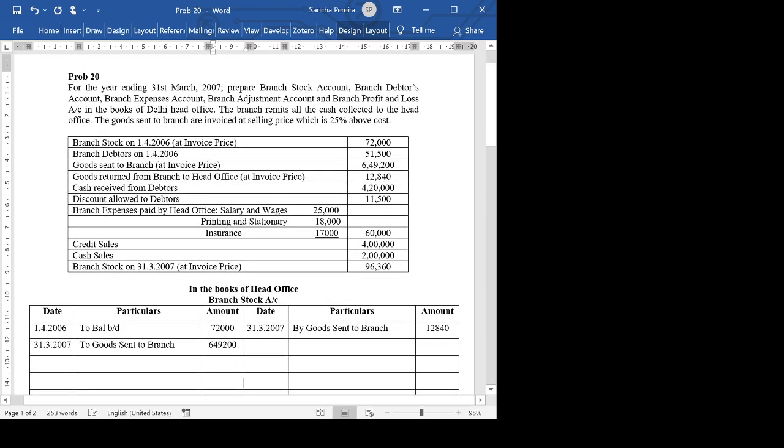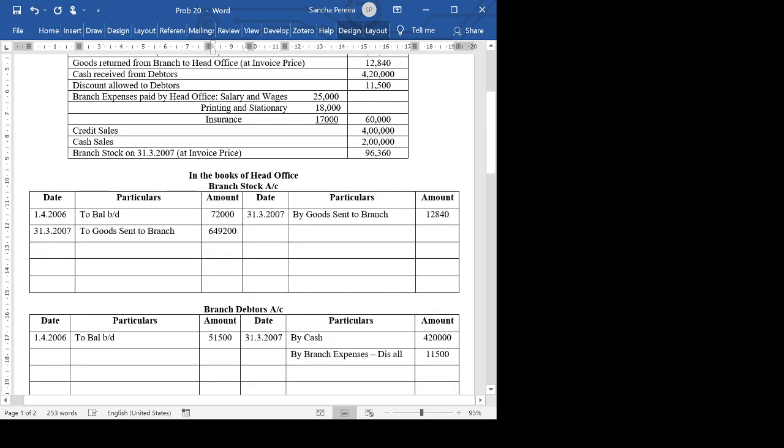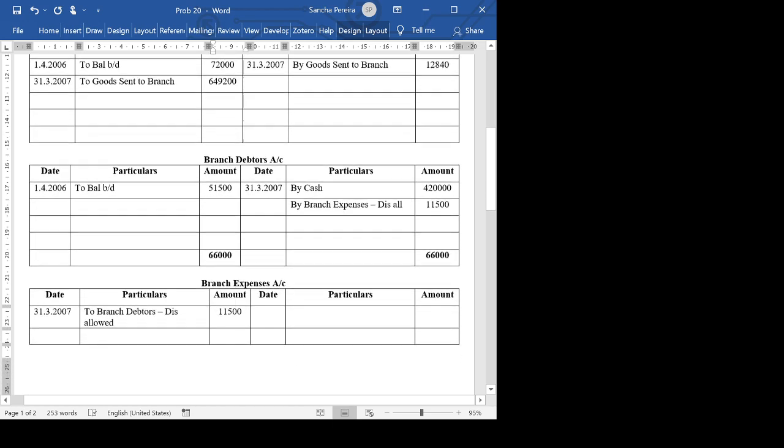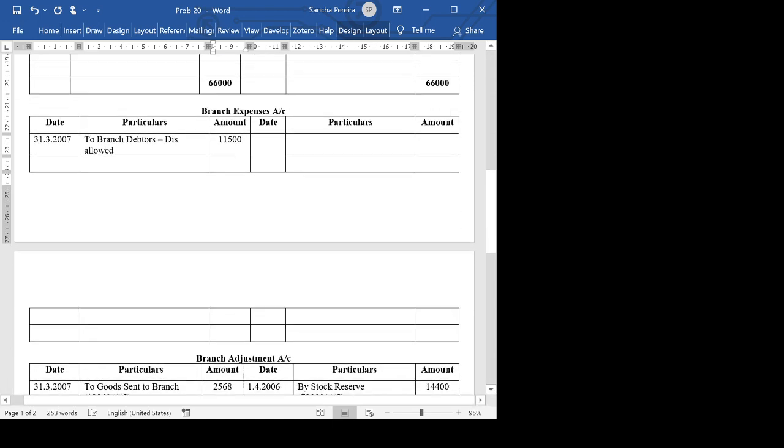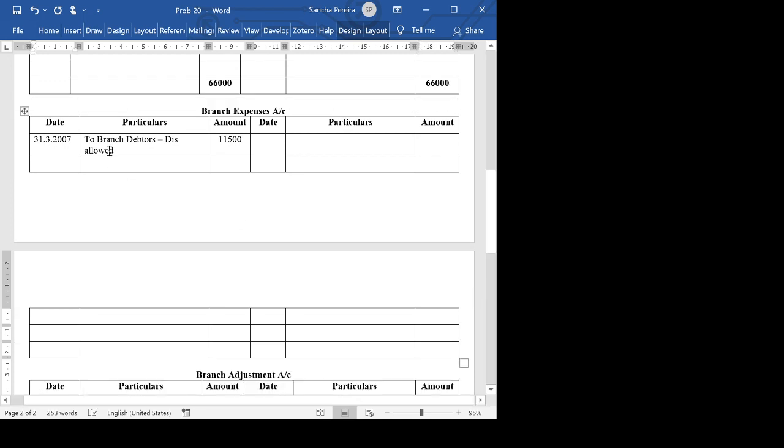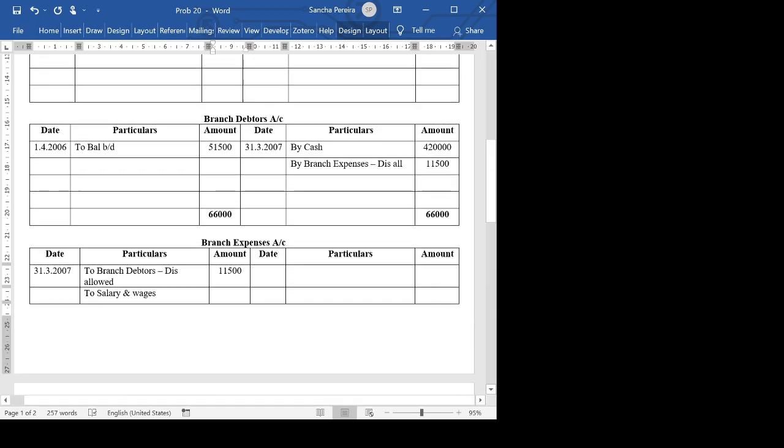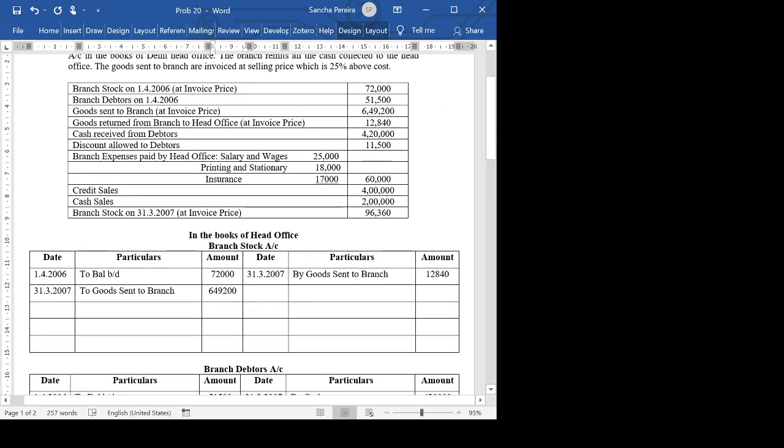Then we have the expenses that are paid by the head office, which are the expenses of the branch. Even though they are paid by the head office, we are trying to find out the total expenses of the branch. That's why we are taking them here. To salary and wages, which is 25,000.